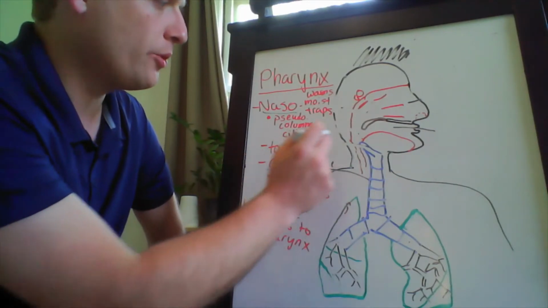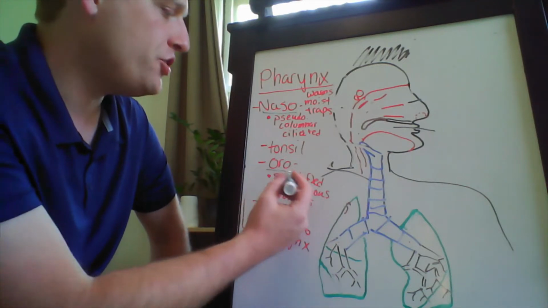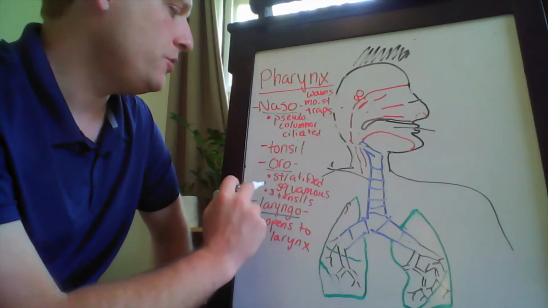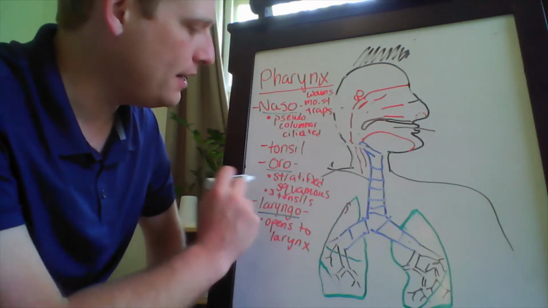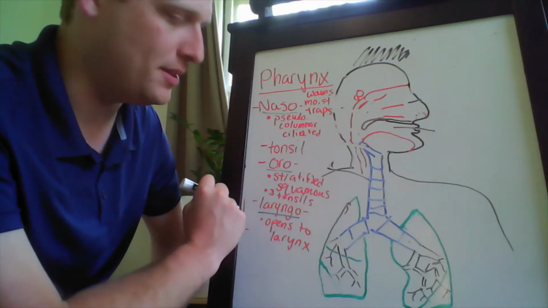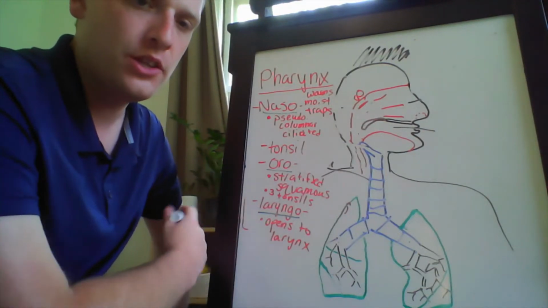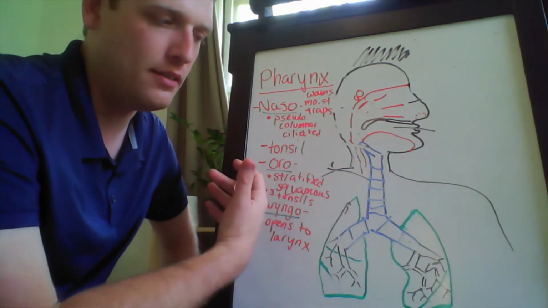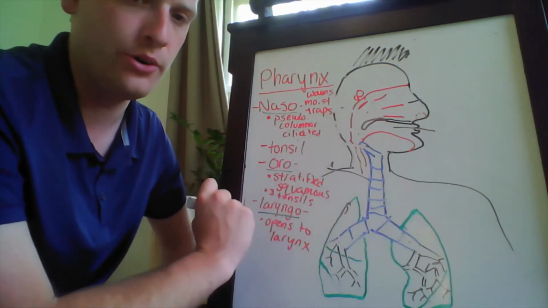Moving on to the oropharynx, behind the oral cavity, you have a shift from that pseudostratified columnar epithelium to a stratified squamous epithelium. And anytime you see a stratified squamous epithelium, you know it's there for protection, first and foremost. The reason for this change once you get to the oral cavity is to think about what else is going through the oral cavity and traveling through the oropharynx.